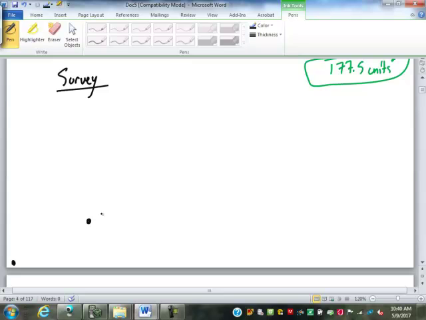So let's say that this corner here of the property is at 32, 9 rods from that stake. 16.5 feet. 16.5. Okay. And let's say they go here.